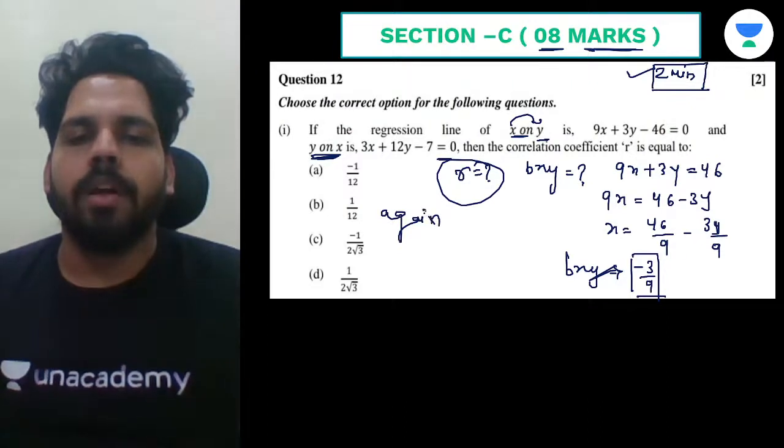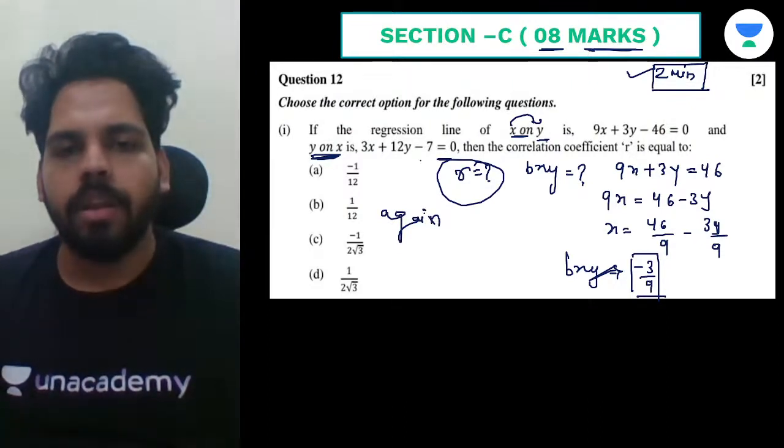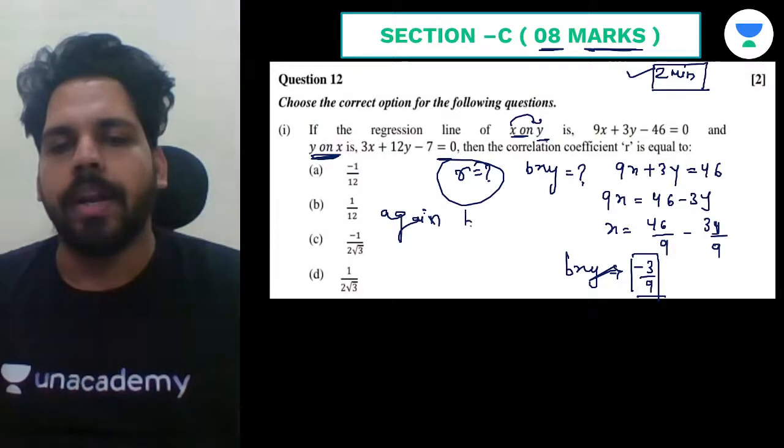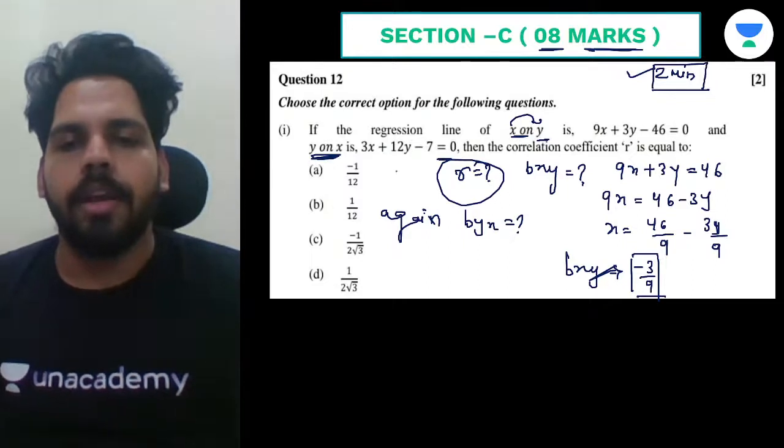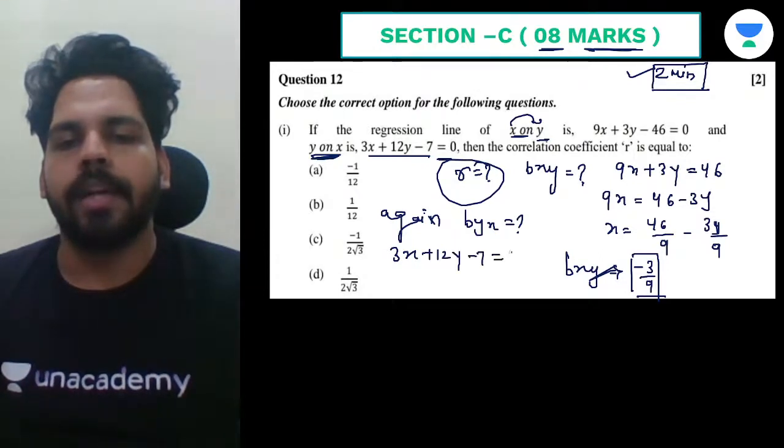Now we will find out y on x. That means we find out b of yx. Understand or not? How do we find this? With the given equation 3x plus 12y minus 7 is equal to 0.